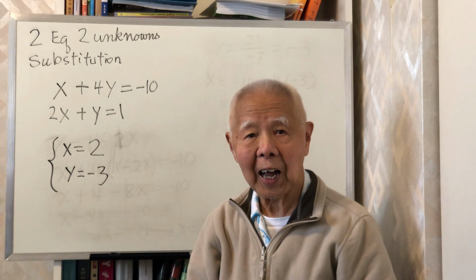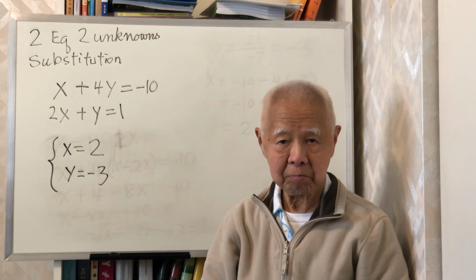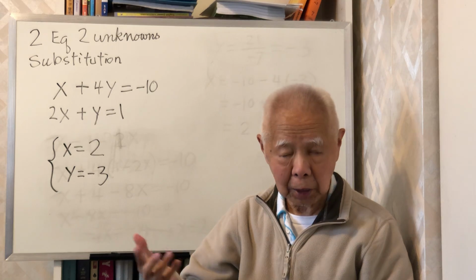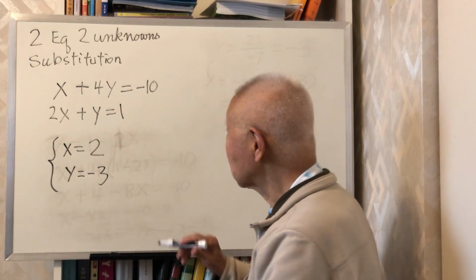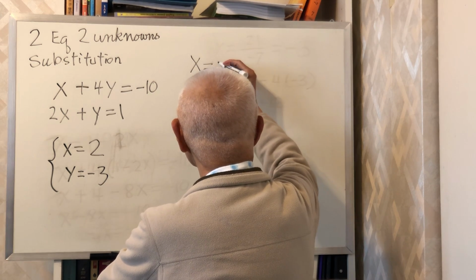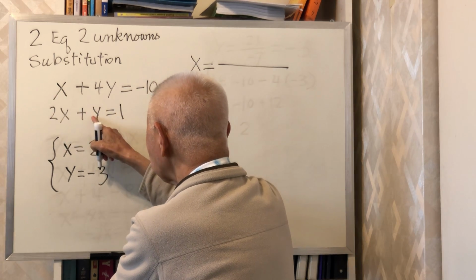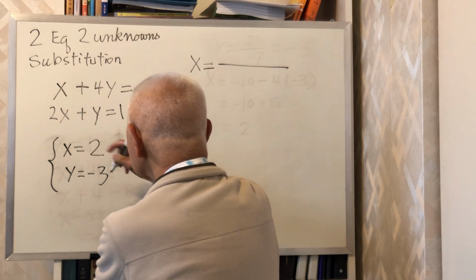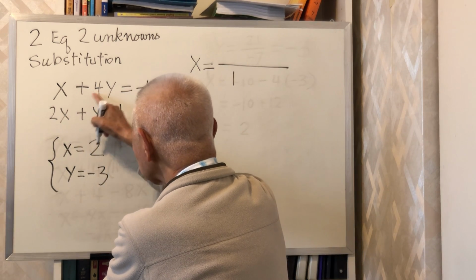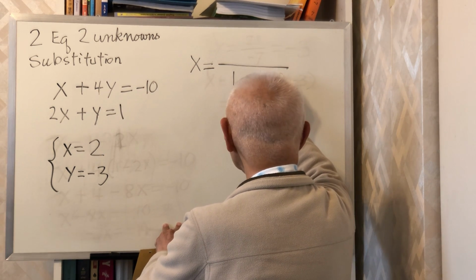Remember that in the last lesson, we introduced a formula. So let's apply the formula instead of doing substitution. The formula says x is equal to this number times this number, which is 1 times 1, minus this times that, minus 2 times 4. 2 times 4 is 8.